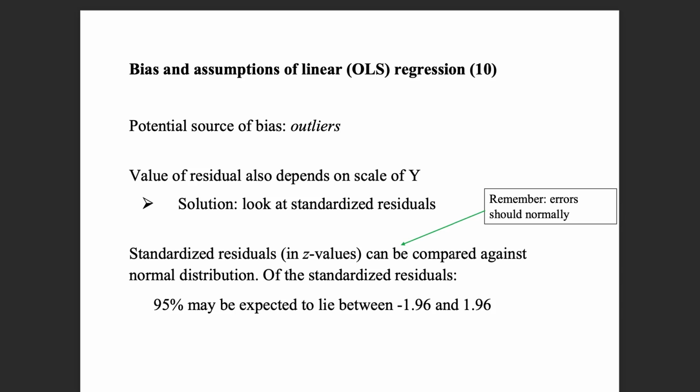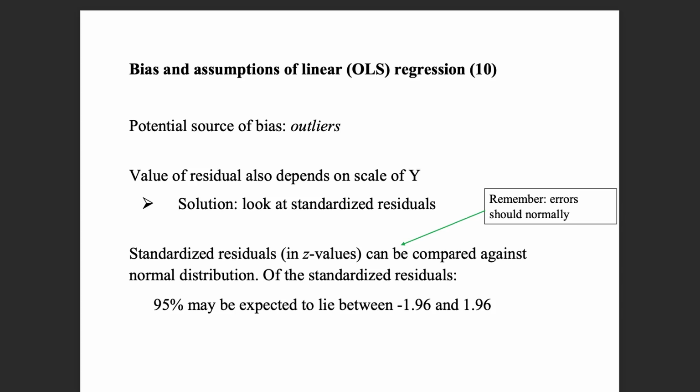And again, if we assume that our errors are normally distributed, we can use this knowledge. If the distribution of residuals is re-expressed as a standard normal distribution, then we may expect that 95% of our residuals lie within that interval of minus 1.96 and plus 1.96.